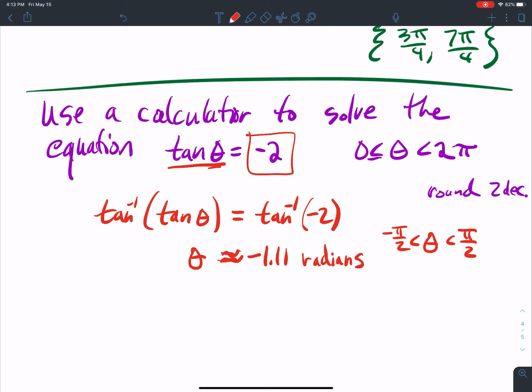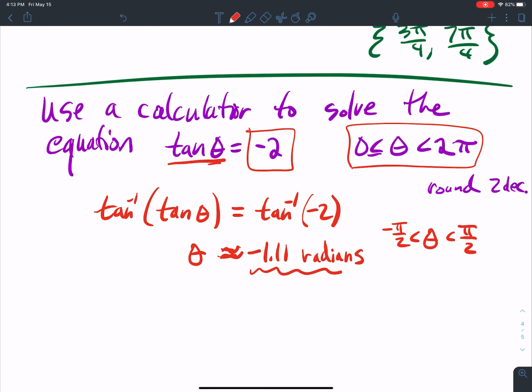So because we seek a solution between 0 and 2 pi, what's wrong with this? Well, it's -1.11. All right? So we don't want negative 1.11. So what are we going to do? What are we going to do here?